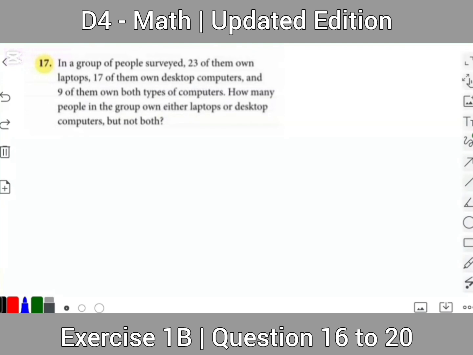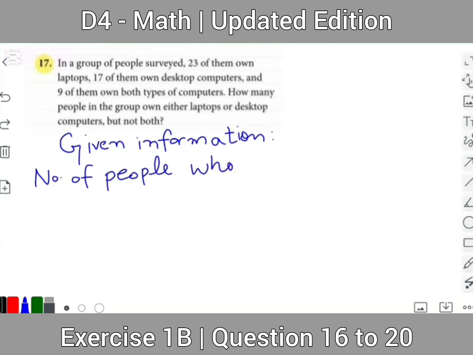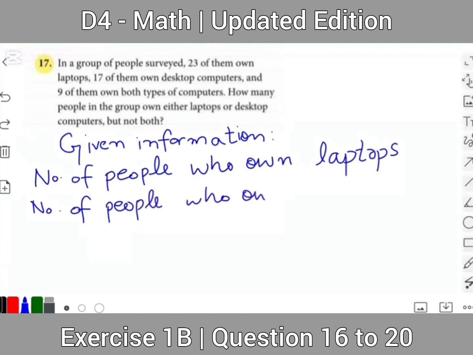So the given information is the number of people who own laptops, the number of people who own desktop computers, and the number of people who own both types of computers.